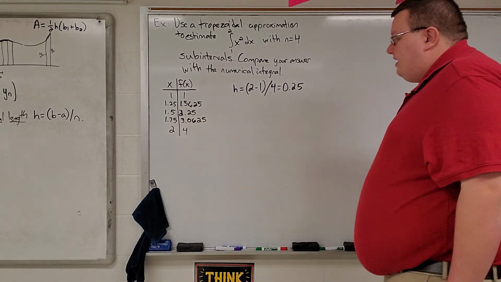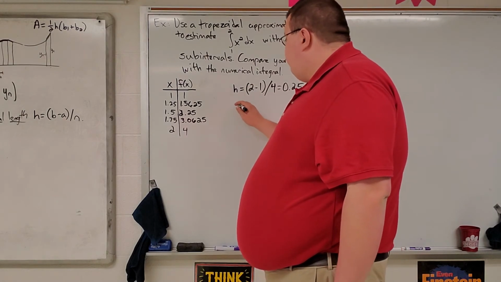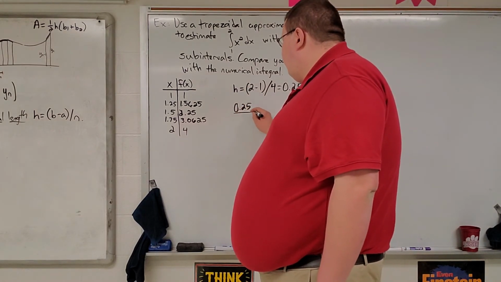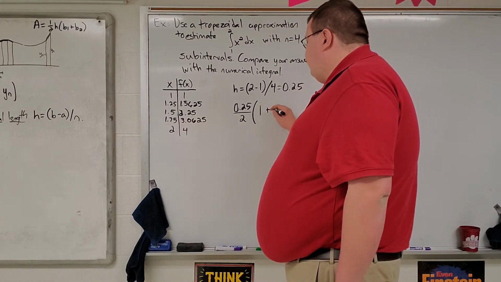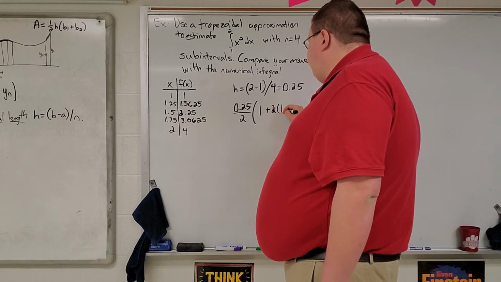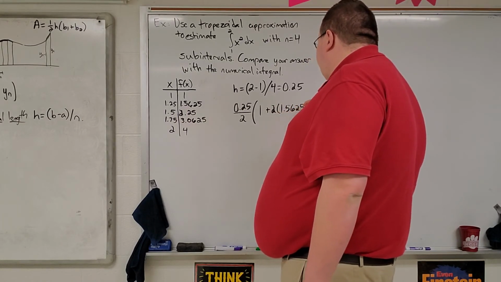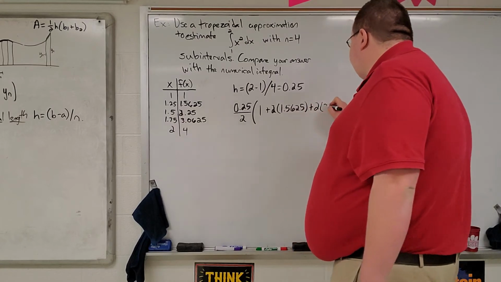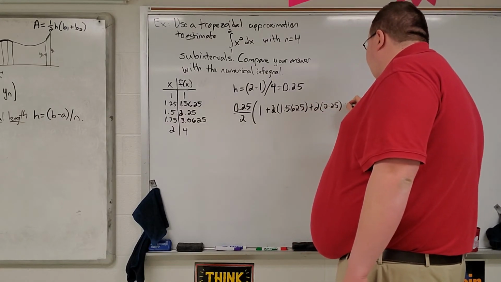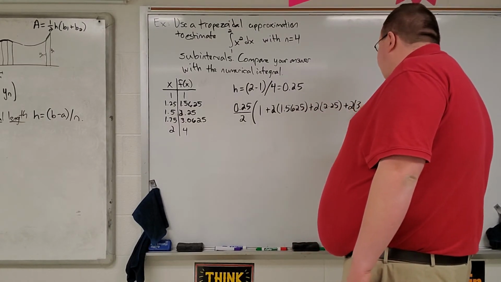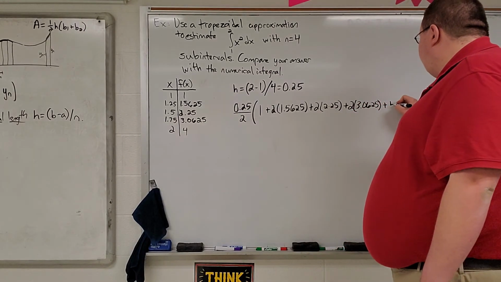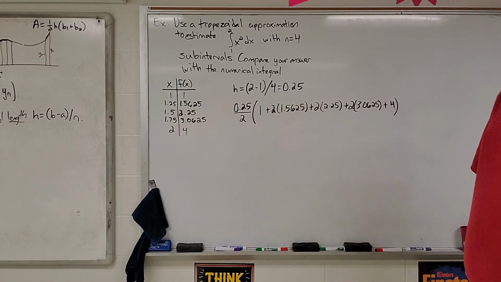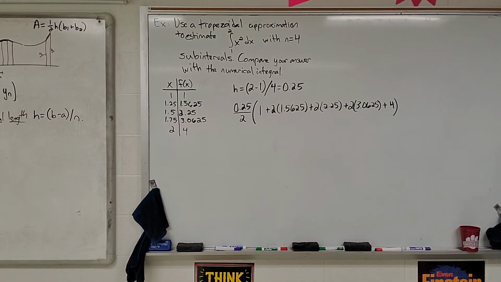So I'm going to take 0.25 divided by 2 times the first y value, which is 1, plus 2 times 1.5625, plus 2 times 2.25, plus 2 times 3.0625, plus 4. And I'm going to type that in the calculator.